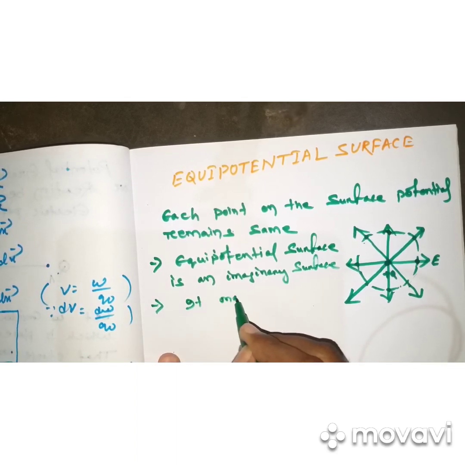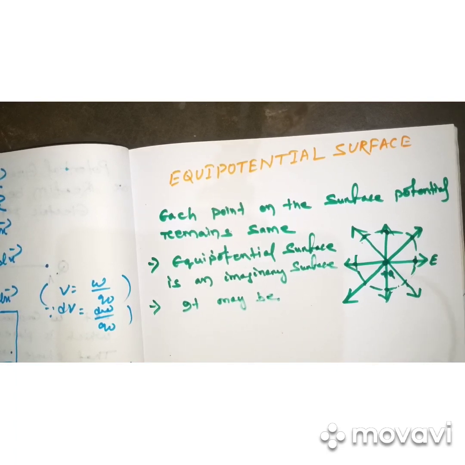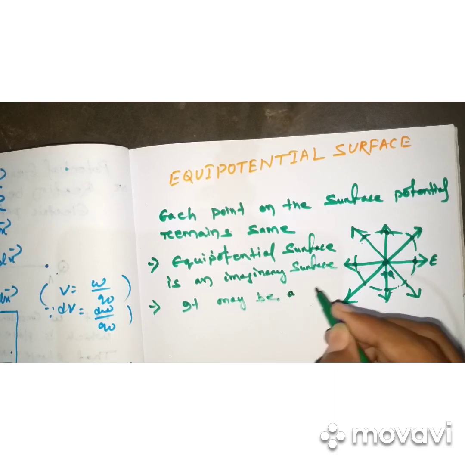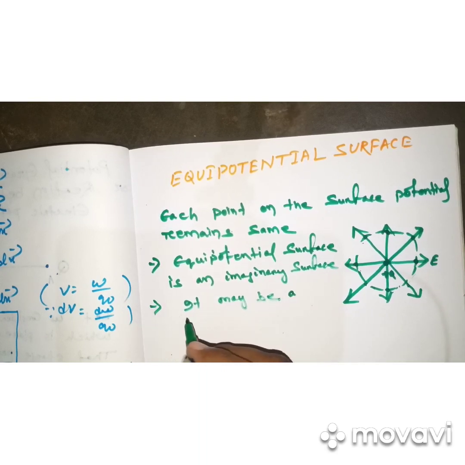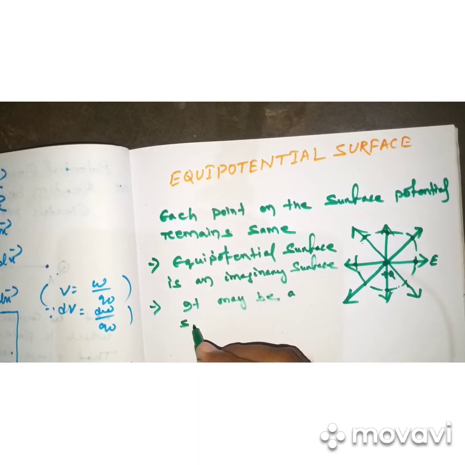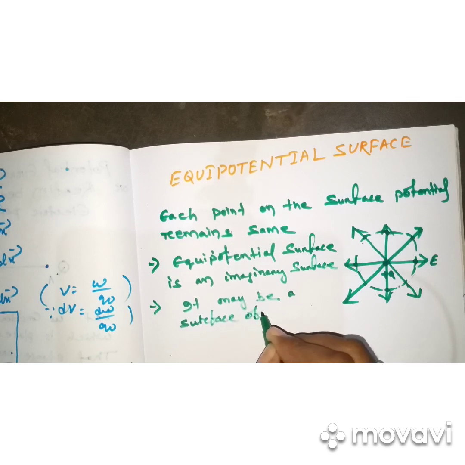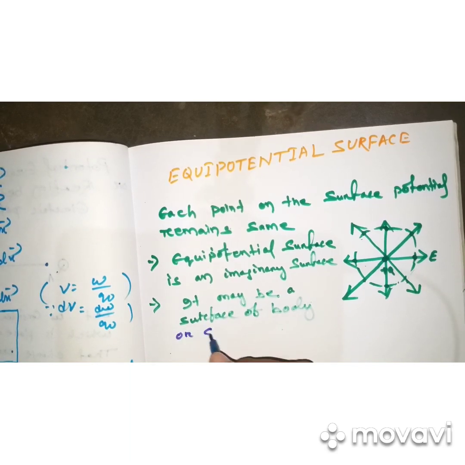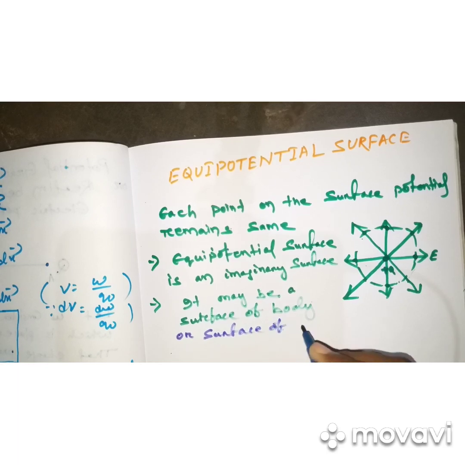Next point is, it may be a surface of a body or a surface of space in three-dimensional view.